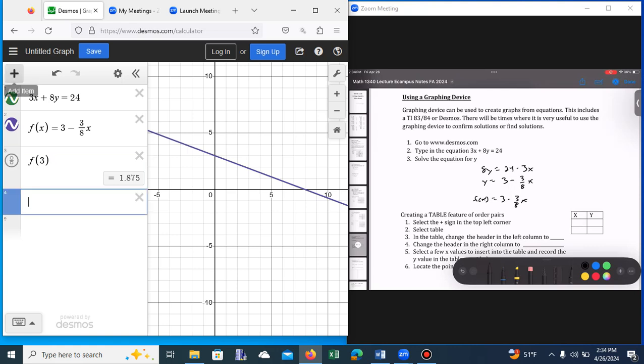Or you can create a table. Notice when you create a table, it always starts out x1, y1. You have to change it to your function. That 3 gives us the value as well.